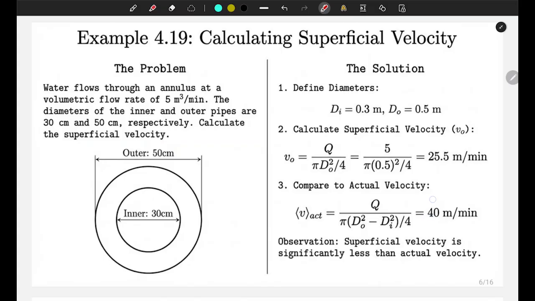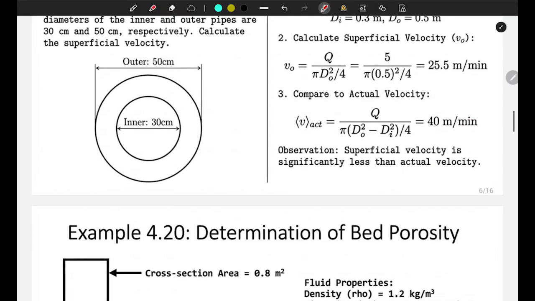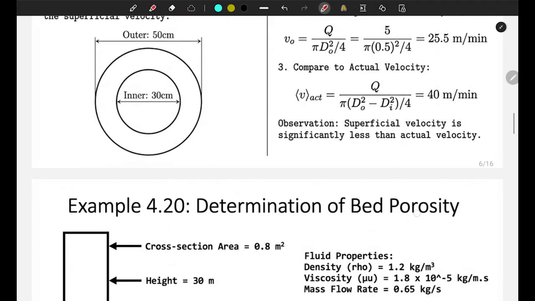As per the definition, with the diameters used in standard SI units, the superficial velocity comes out to be 25.5 meters per minute, compared to the actual velocity, which comes out to be 40 meters per minute. The key observation in this numerical is that the superficial velocity is significantly less than the actual velocity.